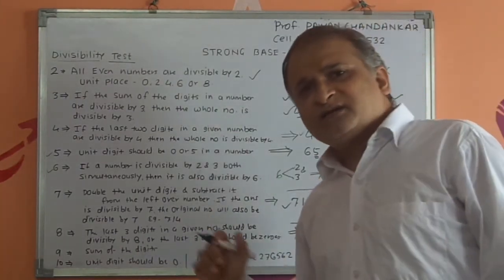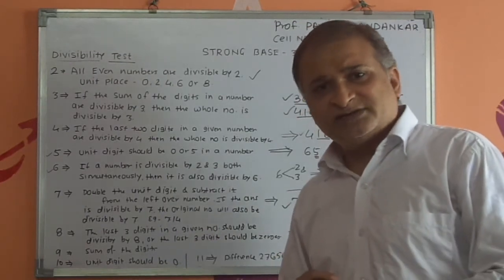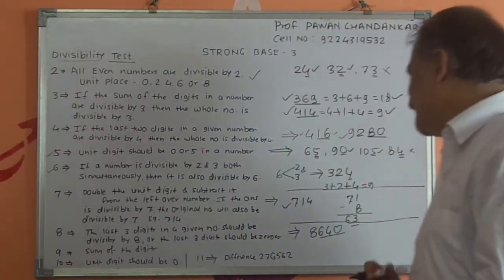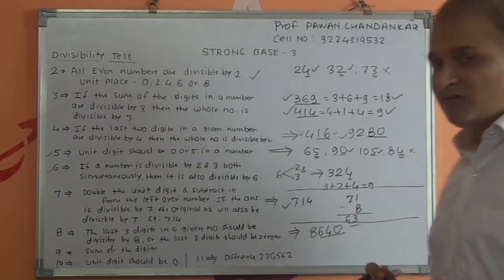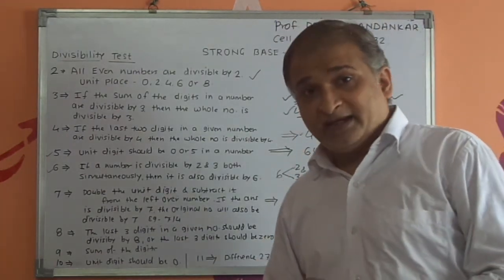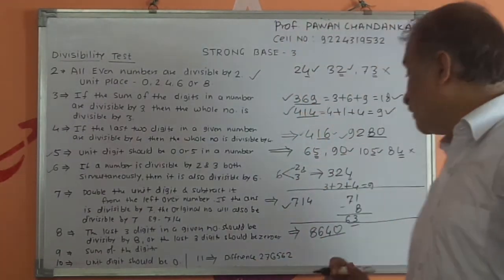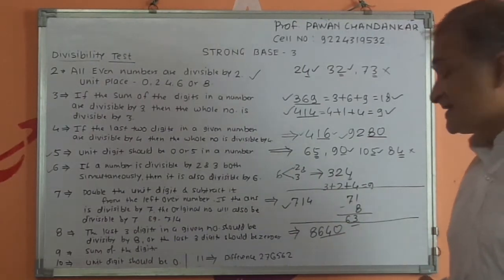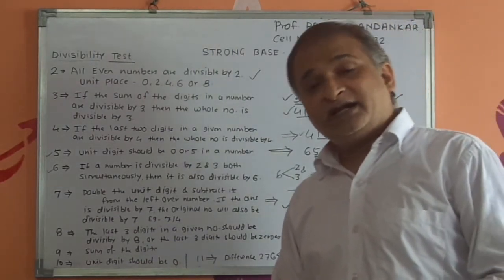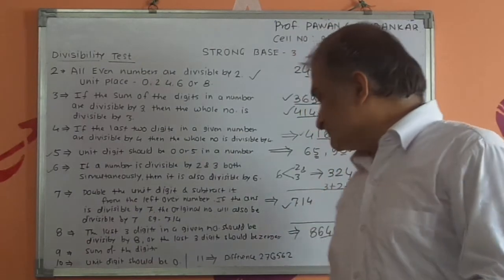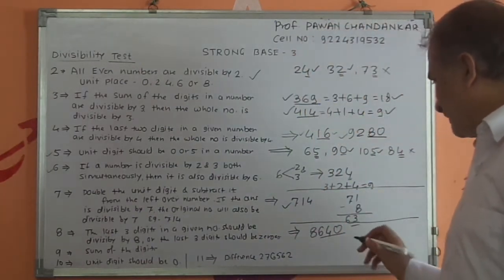Is this number divisible by 8? Yes kids. Yes. The number 640 is divisible by 8. That's why the whole number, 8640, will get divisible by 8. Yes, no kids? Take one more example.